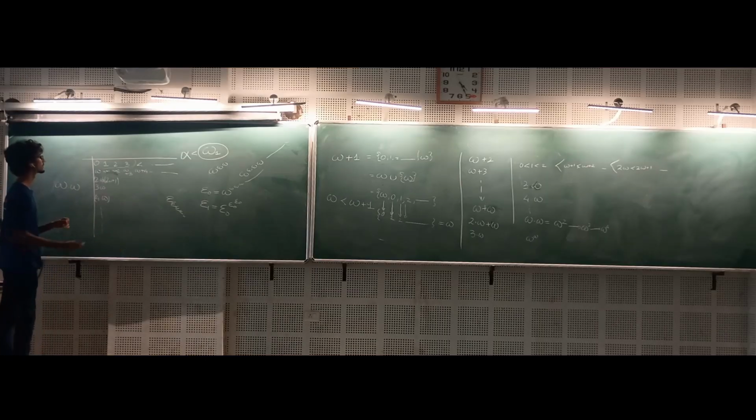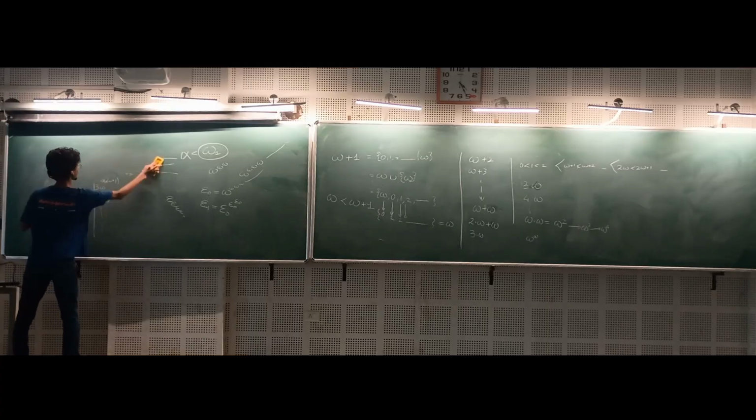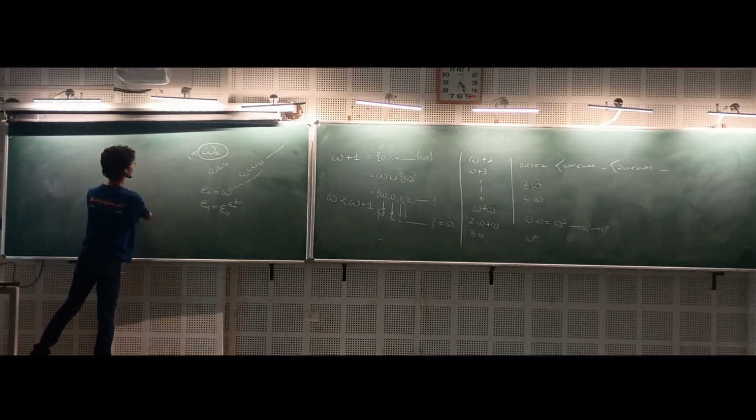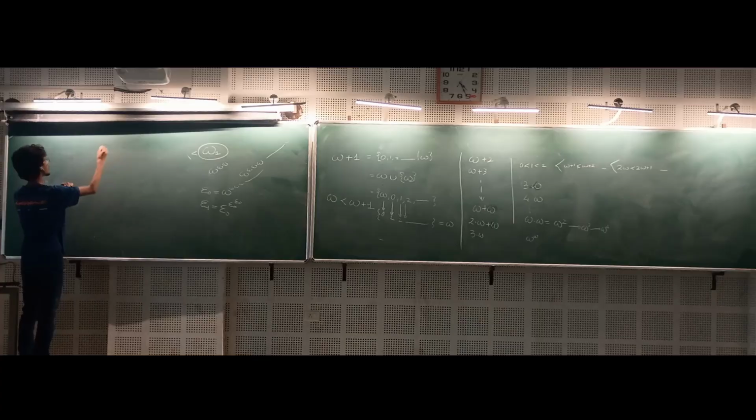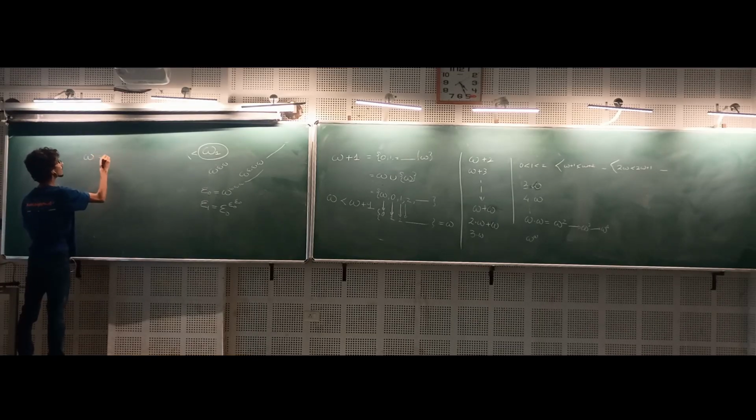So you remember we said that omega has cardinality aleph naught. So these are called aleph numbers.